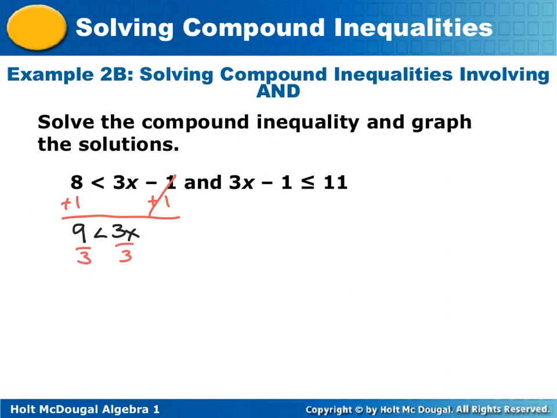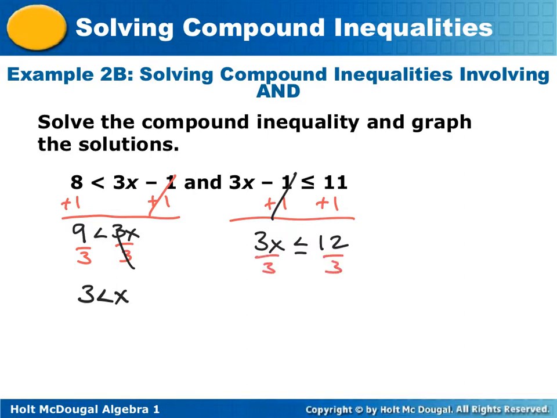Divide it by 3. So 3 is less than x. All right, the second one, same idea, except I want to start by adding 1 to both sides. 3x is less than or equal to 12.